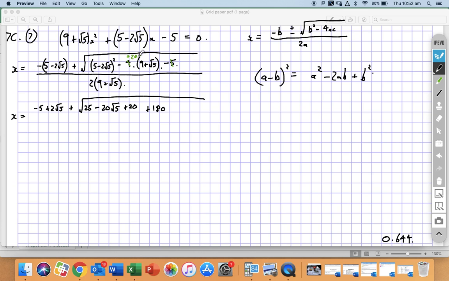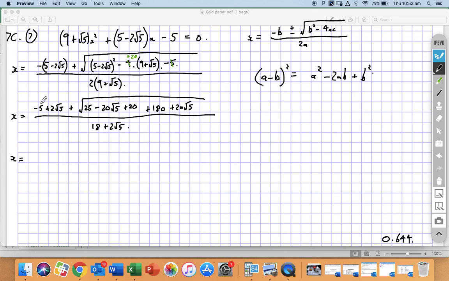And then you've got 20 root 5 plus 20 root 5. And it's all over 18 plus 2 root 5. So I'm just expanding the bottom there. Okay, keep tidying.